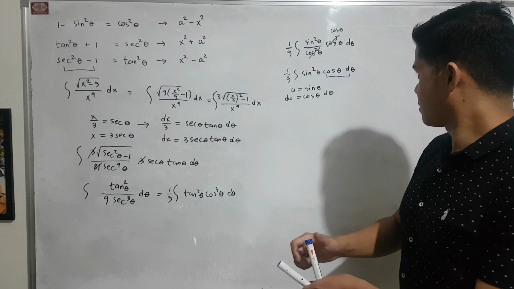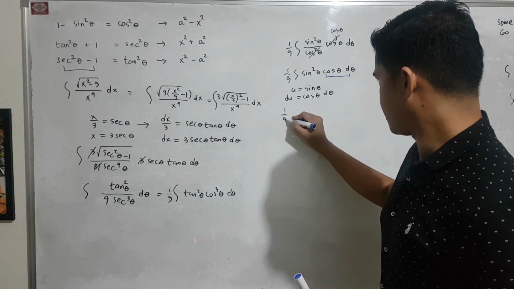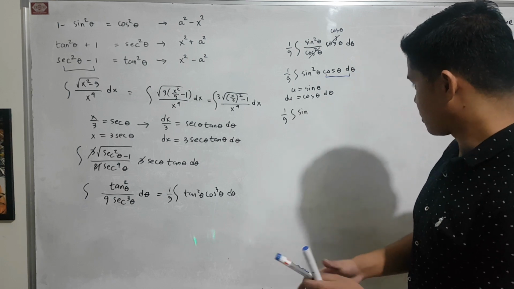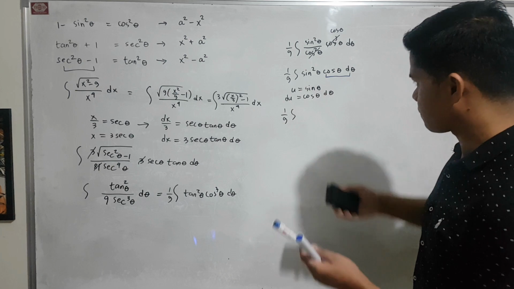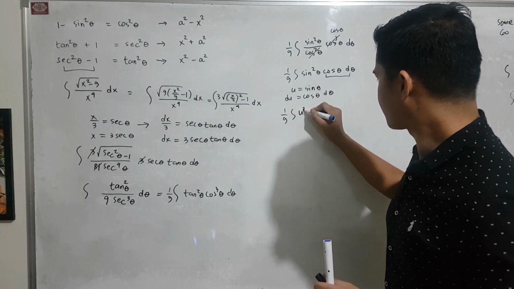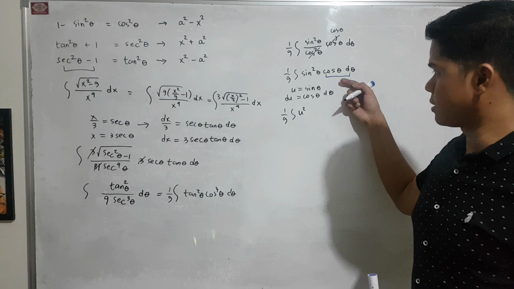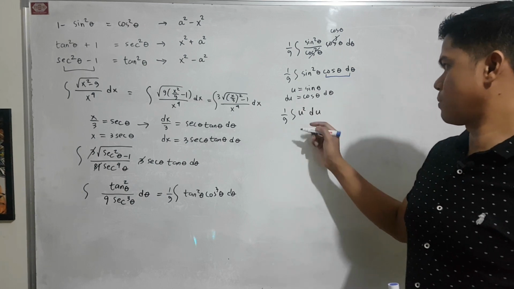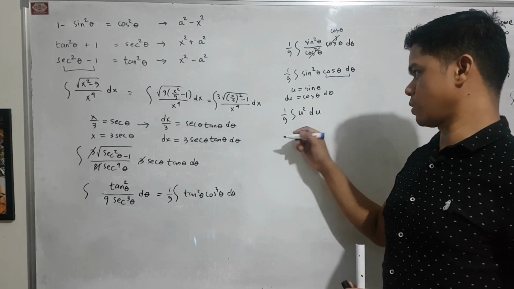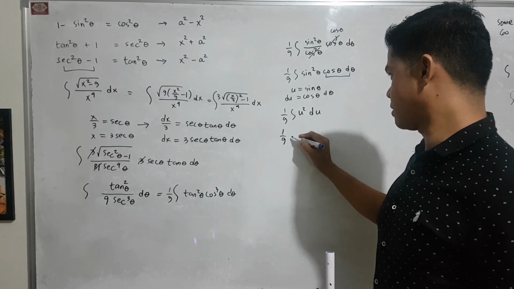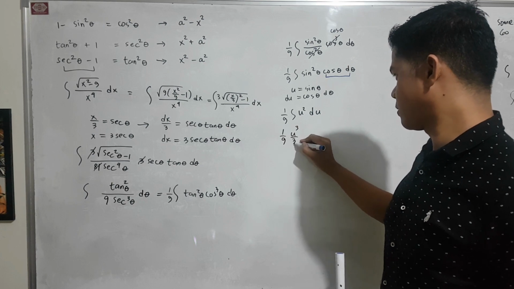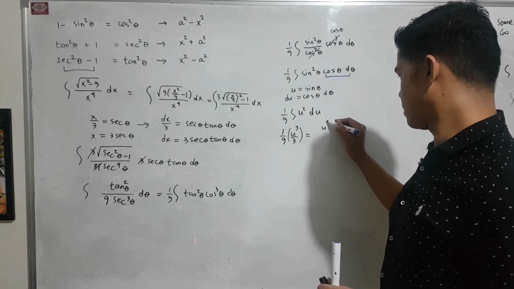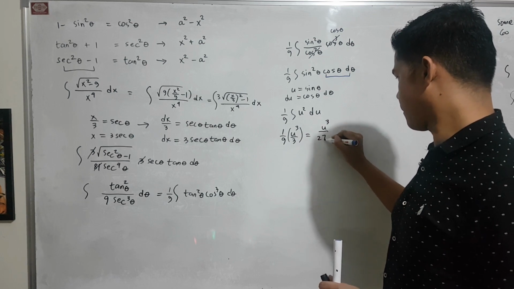So we have 1 over 9 times the integral of, sine squared becomes just u squared by substitution, and cosine theta d theta becomes du. Integrating u squared, we have 1 over 9 times u cubed over 3. Multiplying, this can be rewritten as u cubed over 27.